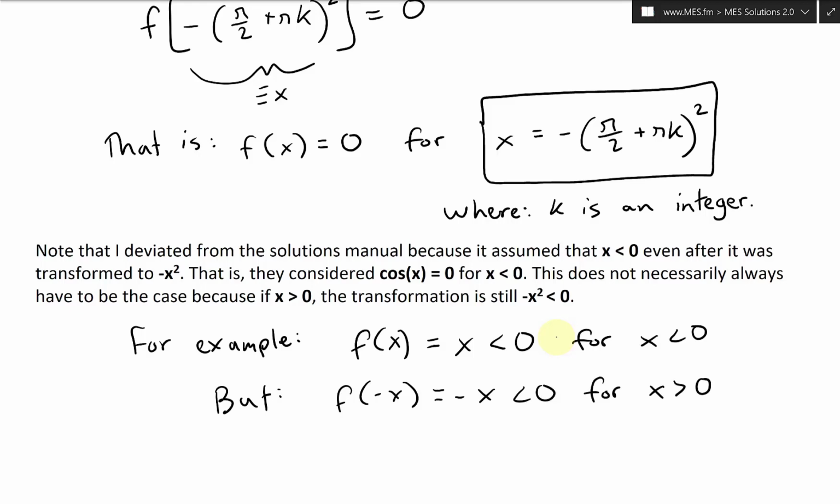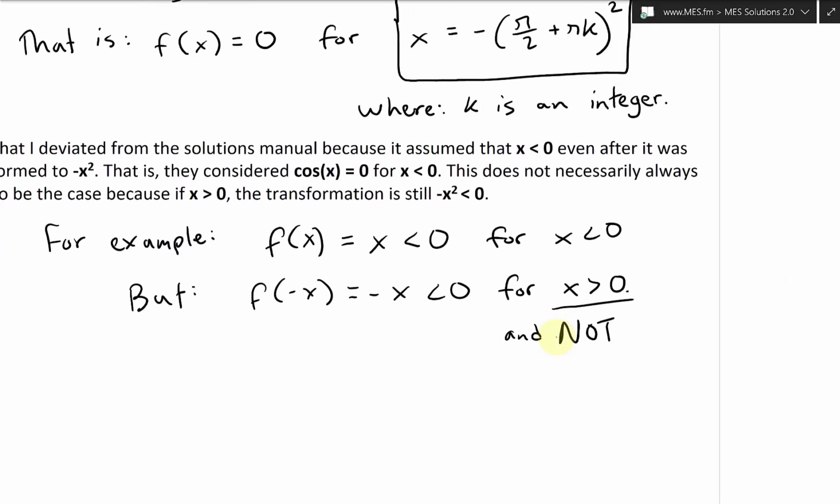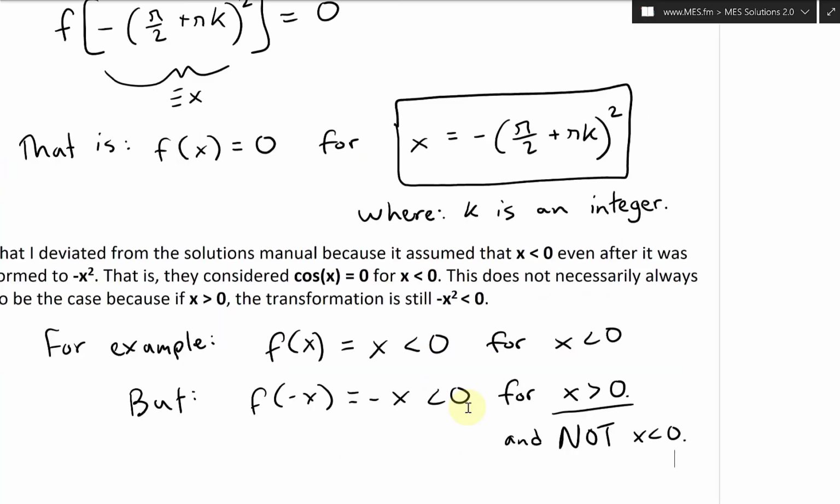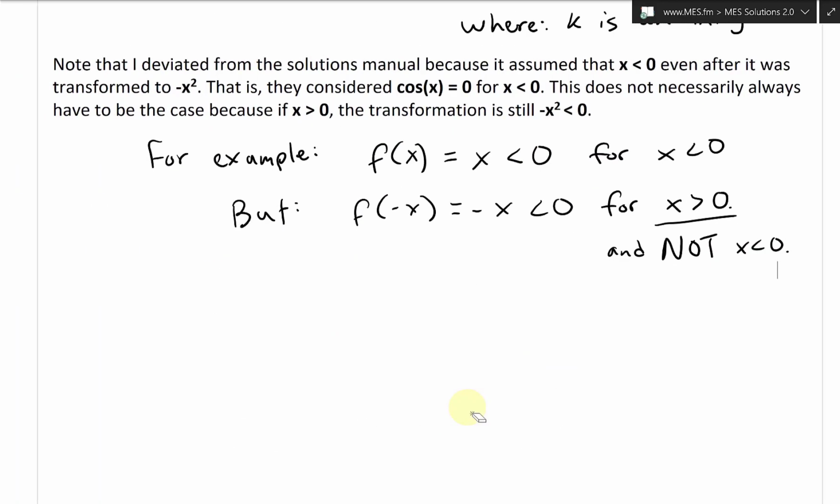So in this case, we have it all on the opposite. Notice how in the transformed case, it's not for x less than 0. The only way it can be less than 0 is if x is positive. So yes, you have to consider what you're transforming. So I believe the solutions manual was not giving the proper solution.